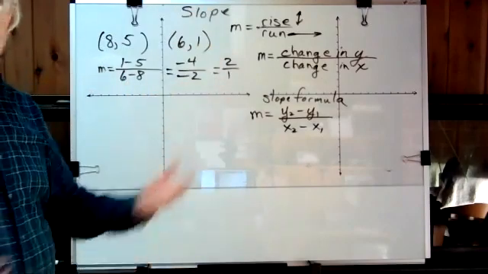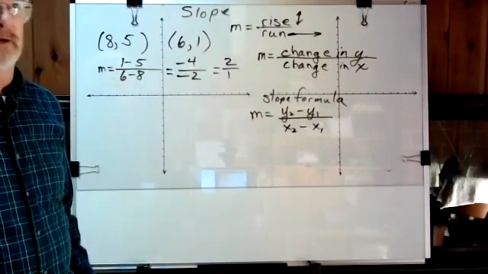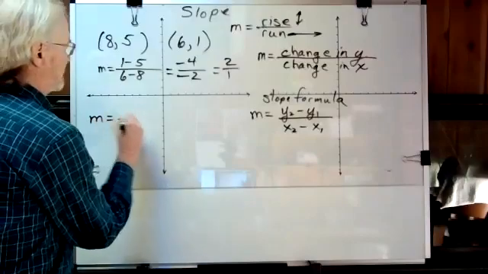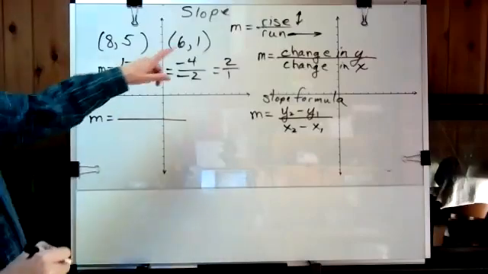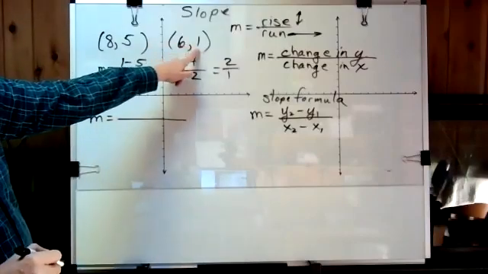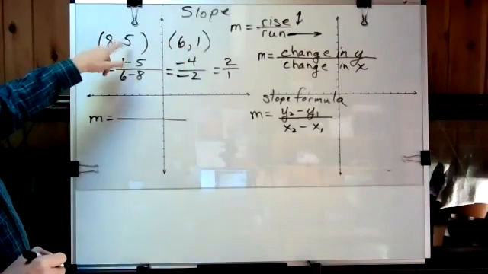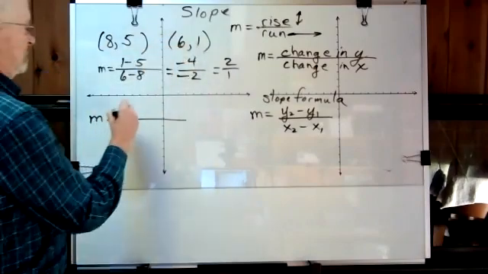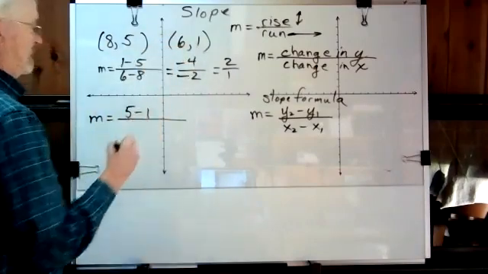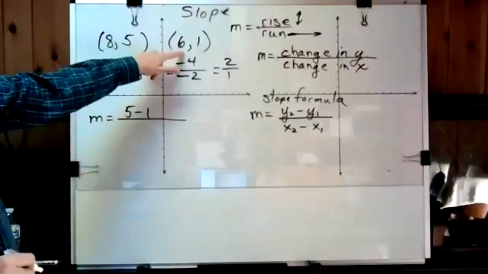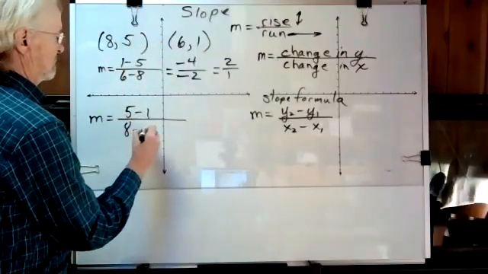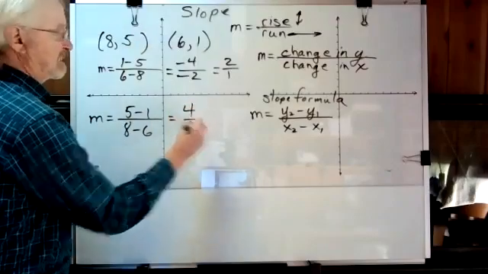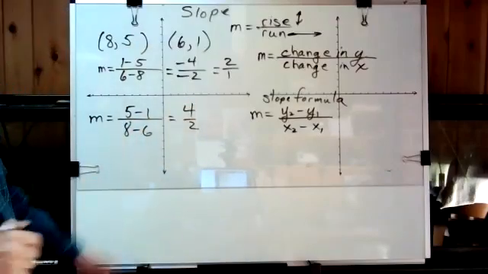What if I had called the other point, point 1 and point 2? What happens there? I started here for this version. Well, what if I start here? 5 minus 1. Got to start here again: 8 minus 6. And I'm going to get positive 4 over positive 2.